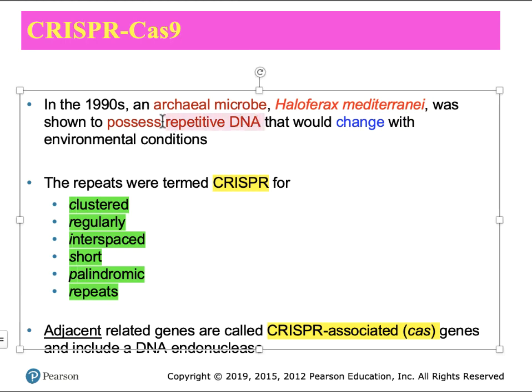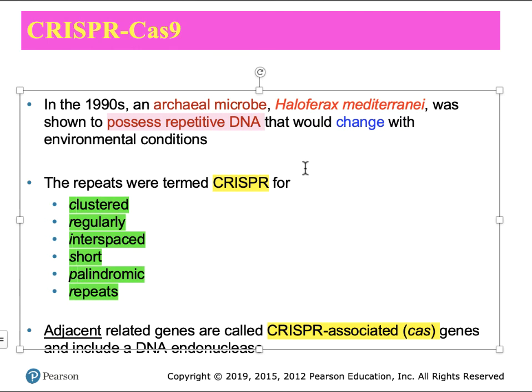And that DNA could change depending on the conditions in which the bacteria found themselves. The arrangement of the DNA in this location consisted of repeats separated by spaces. And in some cases there were many, in other cases there were fewer.